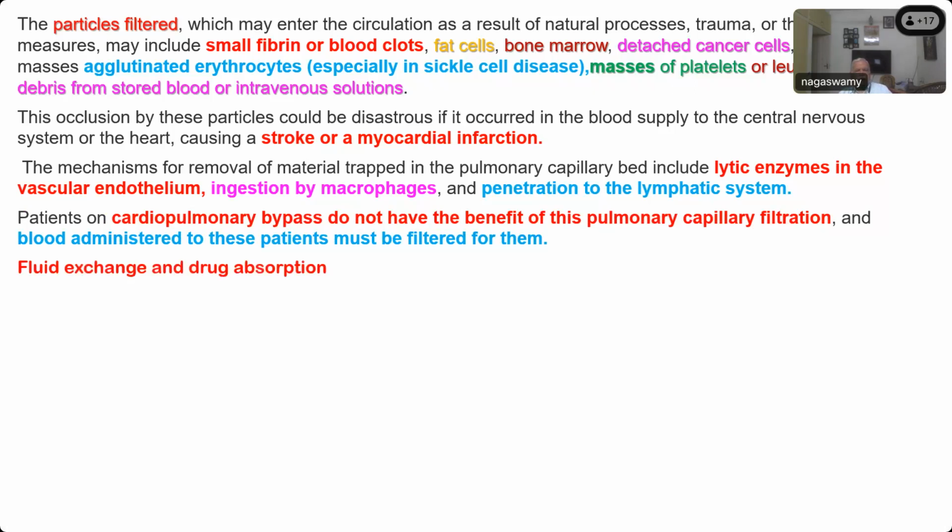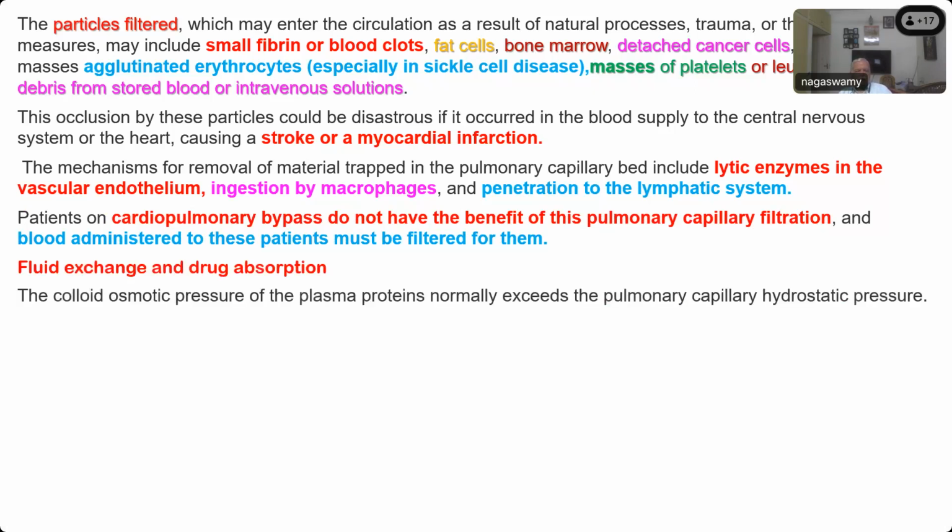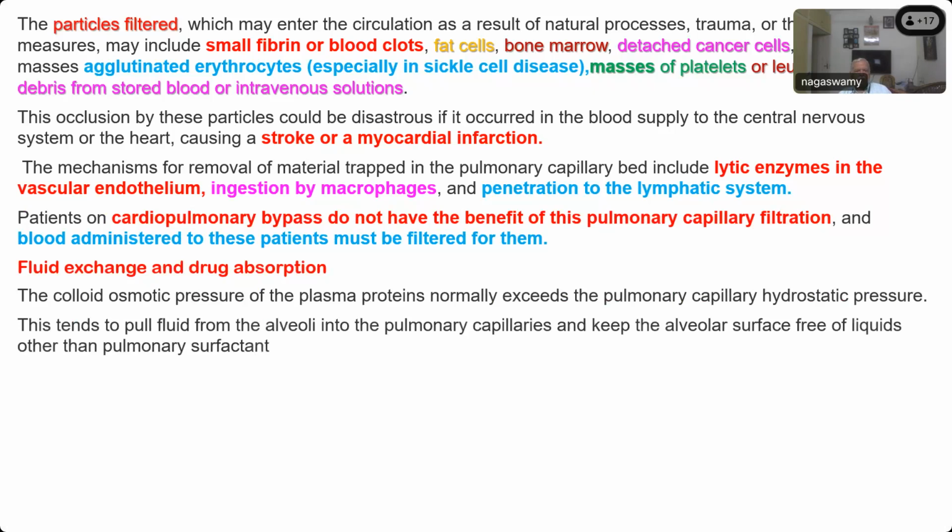And for fluid exchange and drug absorption, the colloid osmotic pressure of the plasma protein normally exceeds the pulmonary capillary hydrostatic pressure. So this tends to pull fluid from the alveoli into the pulmonary capillaries and keep the alveolar surface free of liquids other than pulmonary surfactants.